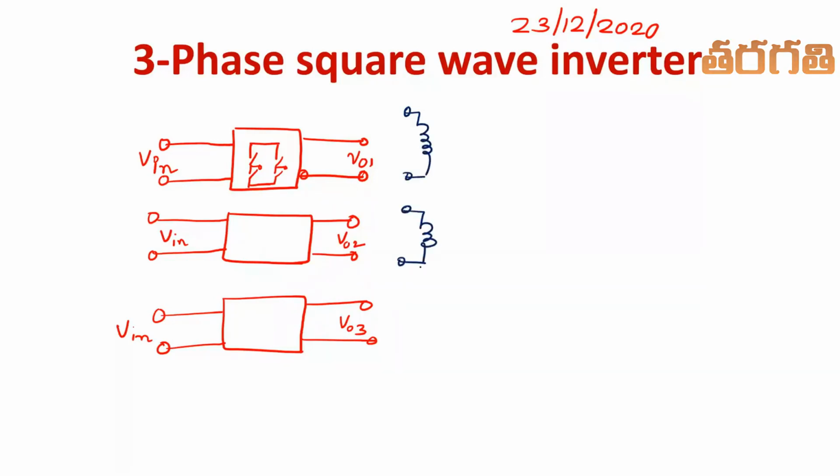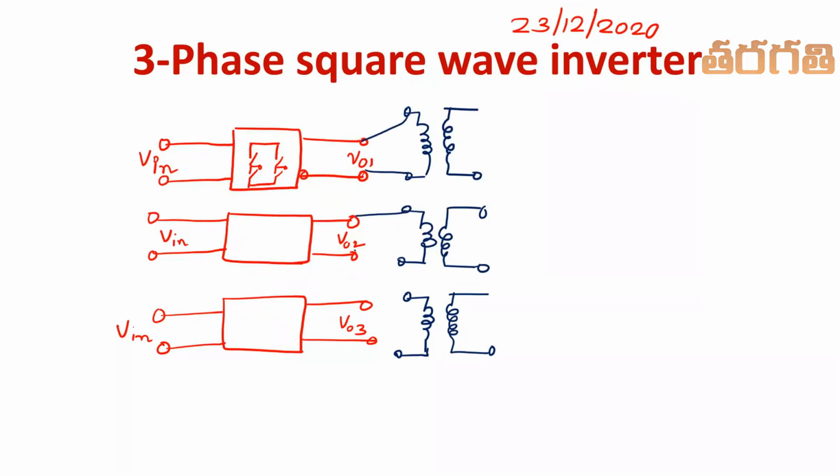The outputs of the three inverters are connected to the primary windings and the loads are connected to the secondary windings of the transformer. So I connected the three inverters like this.